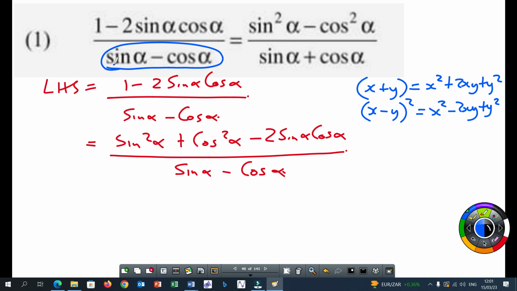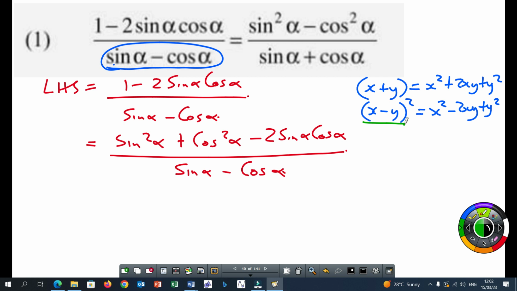For me to be able to do that, I need to remember my knowledge of perfect square trinomials. But now I'm seeing that if I convert 1 to sine squared alpha plus cos squared alpha, if I rearrange it and simplify, I'm going to get something which looks like this.